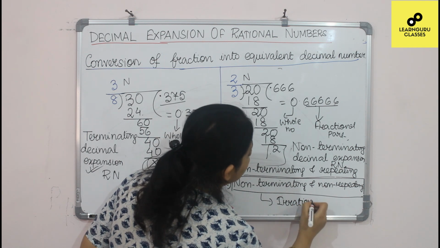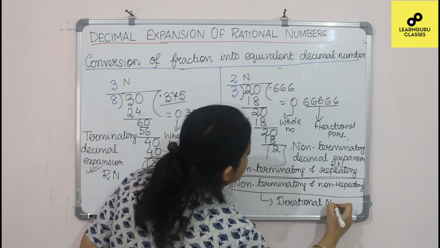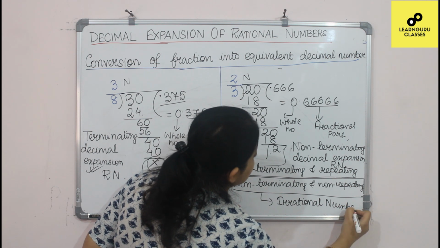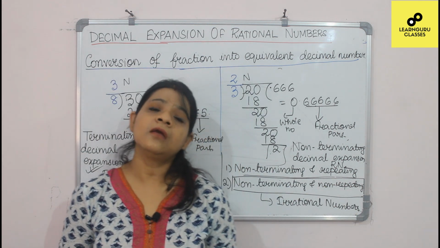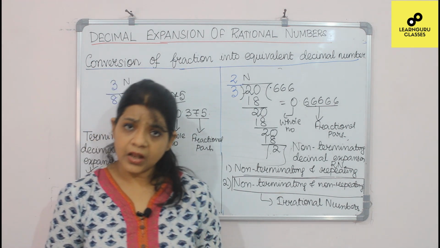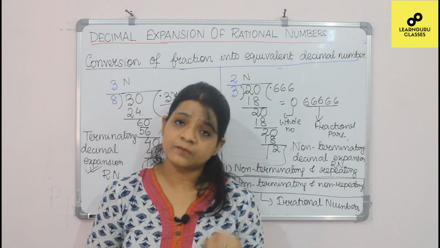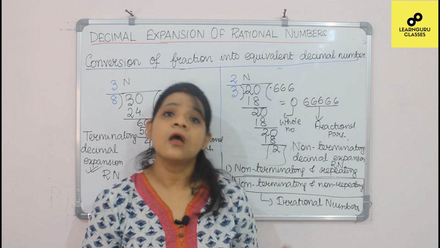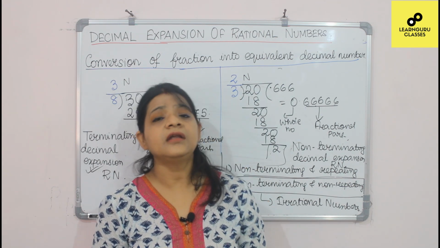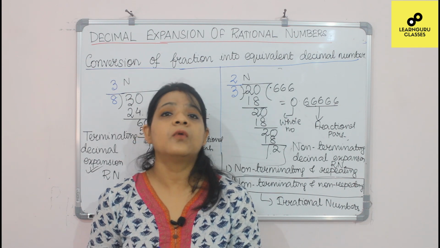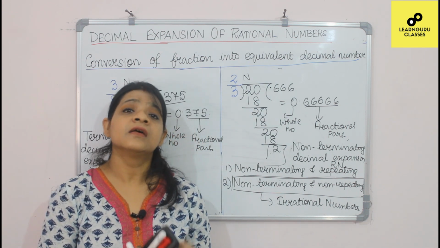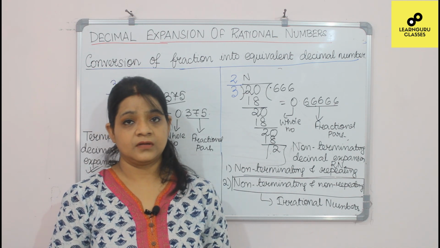We will study these in detail when we study irrational numbers. For the time being, just remember that decimal expansions that are terminating or non-terminating but repeating are recognized as rational numbers.